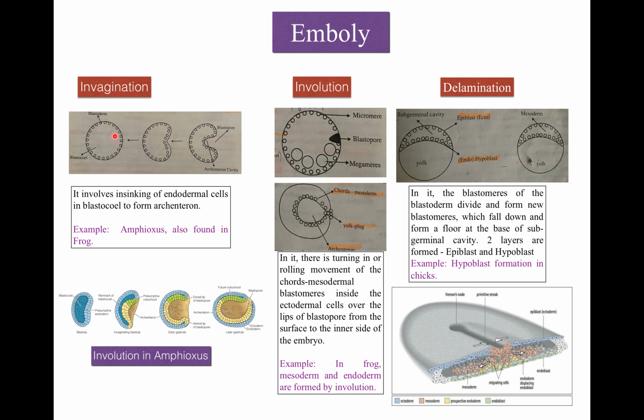So first, invagination. It involves insinking of endodermal cells in the blastocoele to form archenteron. In it, layers of prospective endodermal cells passively infold. You can see there is infolding. And this inpushing of cells in the blastocoele occurs, and because of the infolding of cells, a cavity is formed which is known as archenteron.